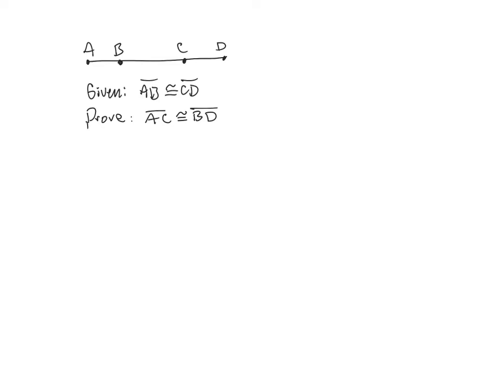So by looking at it, what I'm told is AB, this part, and CD are congruent.